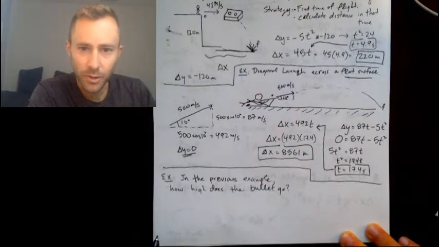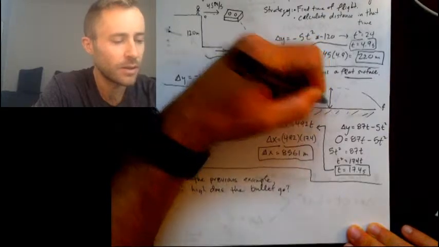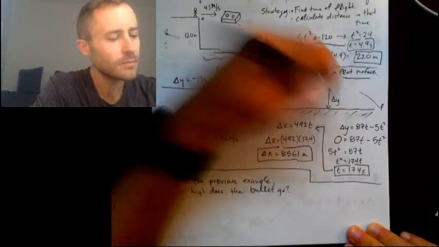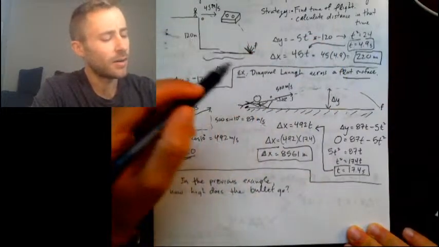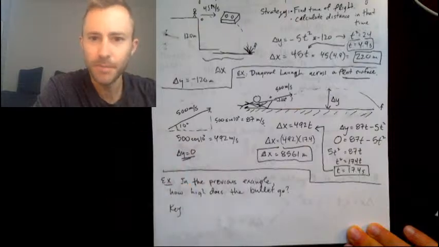How high does the bullet go above its starting point? So basically what I'm asking for is what is that distance right there? Okay? So here's the key to this problem.